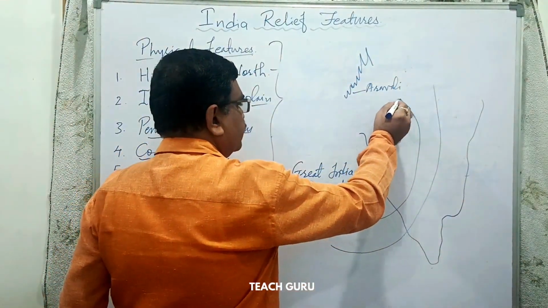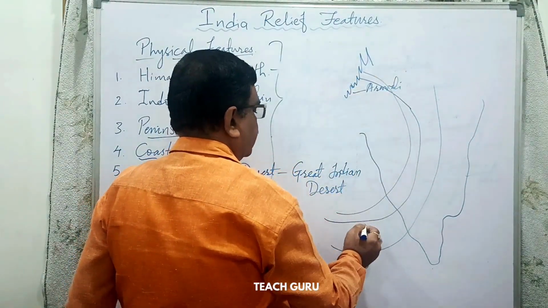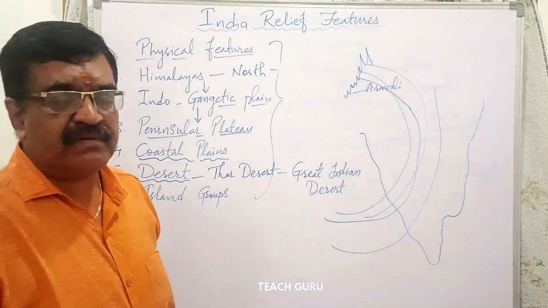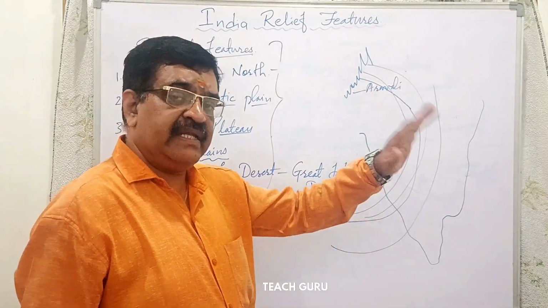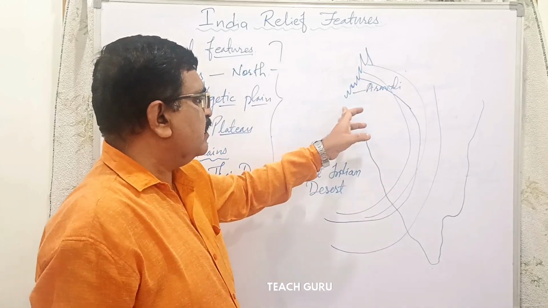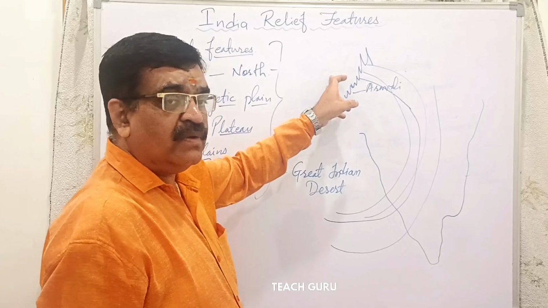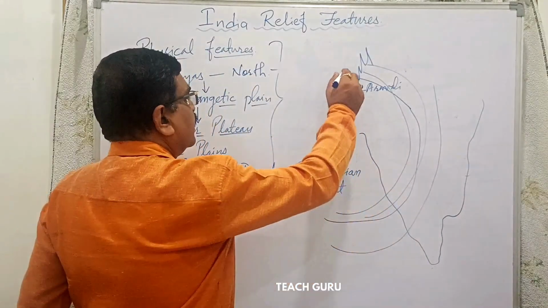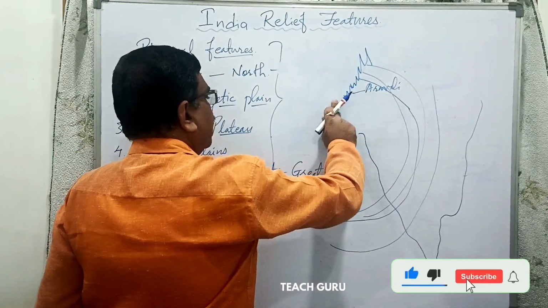This Aravalli range will not allow these monsoon winds to enter into the western part of Rajasthan because of orographic rainfall. About orographic rainfall we can discuss in the next video, but due to it, the Aravalli mountain ranges will not allow the moisture laden winds to enter into the western part of India, the Rajasthan, and this particular part will come into the area of desert.